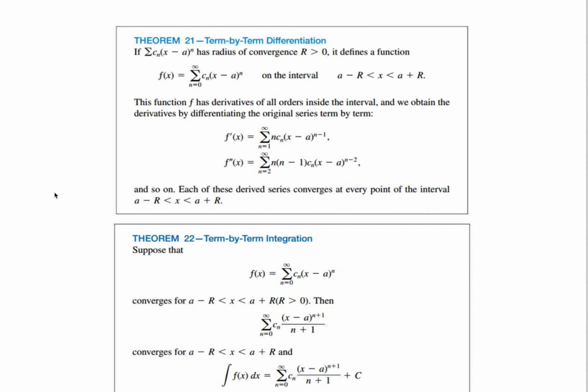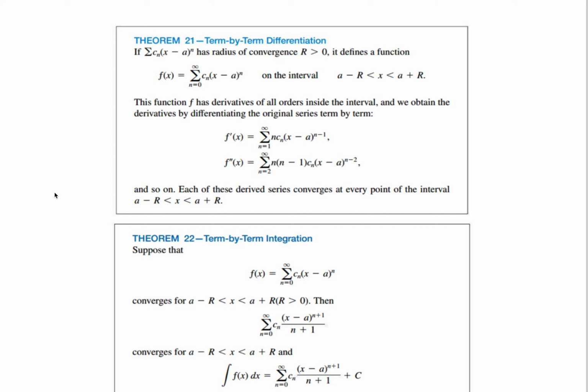So we're going to wrap up section 10.7 here, and we're looking at two more theorems which have to do with term-by-term differentiation and then term-by-term integration. When we have a power series that has a radius of convergence r, as long as that r value is greater than 0, we're able to define a function on an interval of convergence.